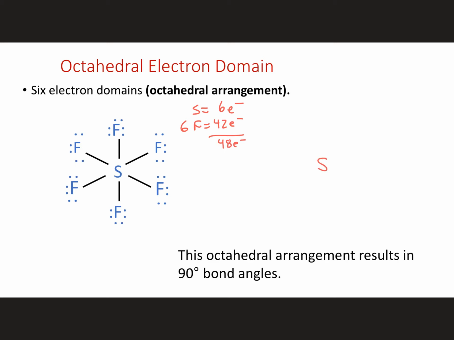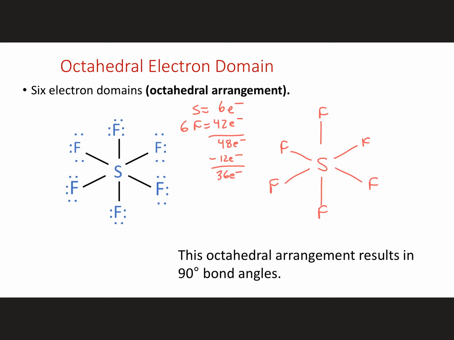Now I have to place those 6 different fluorines surrounding the sulfur. So 1, 2, 3, 4, 5, 6. Each of those has 2 electrons each. There's 12 total electrons that I just assigned when I placed the fluorines around the sulfur. So that leaves me with 36 electrons to assign.